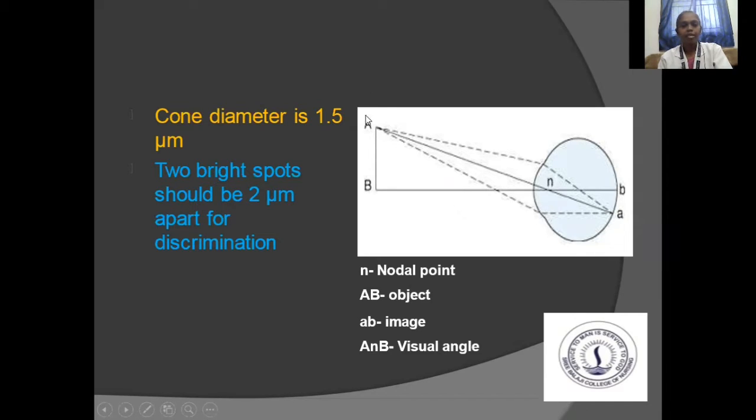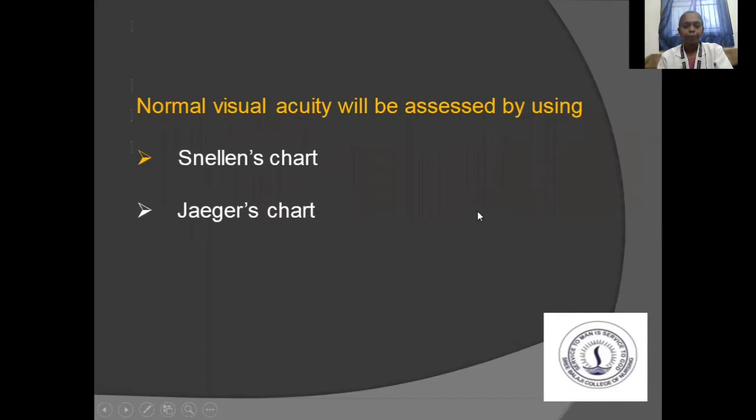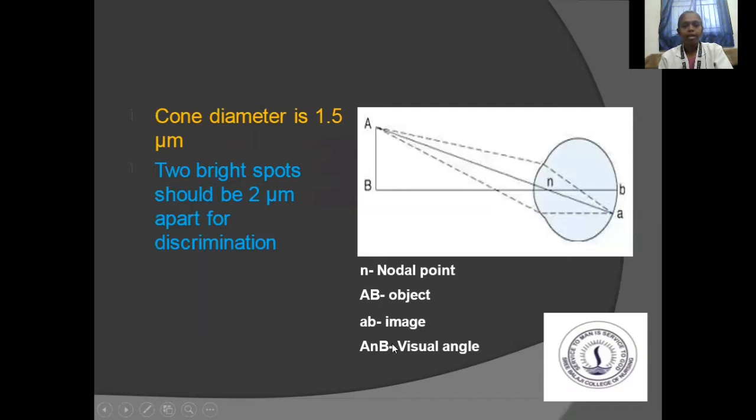Here is how it was imaged, the image AB. It is observed by the eye, and with the help of the eye we are able to visualize. Here, this angle at A and P is the visual angle.